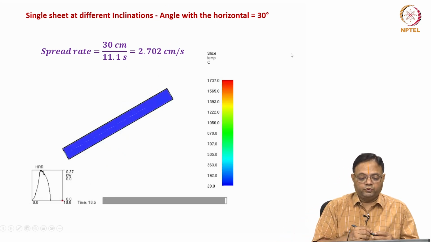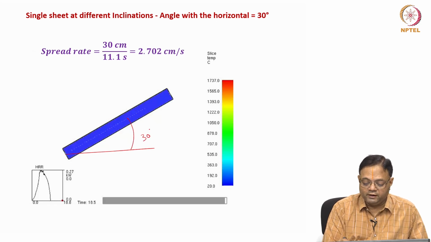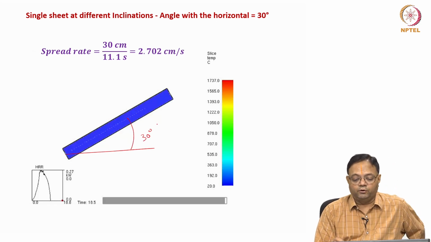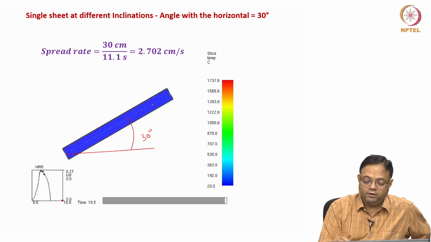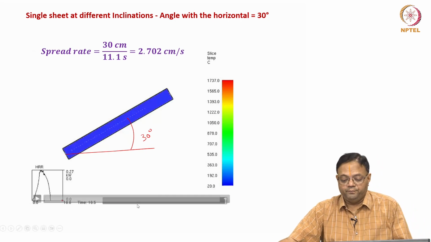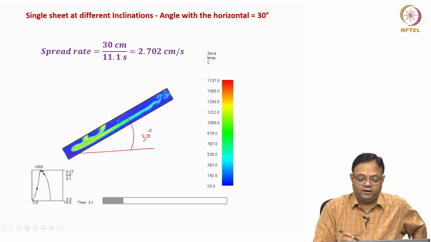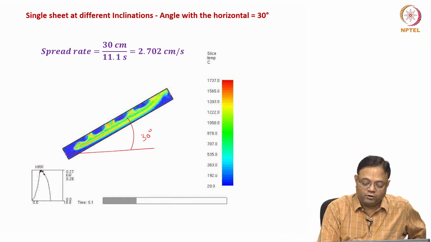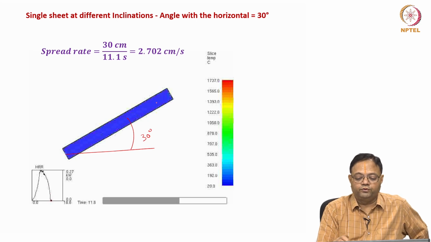Now come to the third case, where the fuel is kept at 30 degrees with respect to the horizontal. Here also the length is 30 centimeter, and you can see the behavior. The flame spreads gradually. At the bottom the flame completely spreads, but the oscillations are seen in the top portion. As the flame spreads, it consumes the fuel.